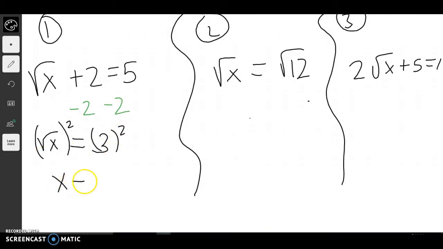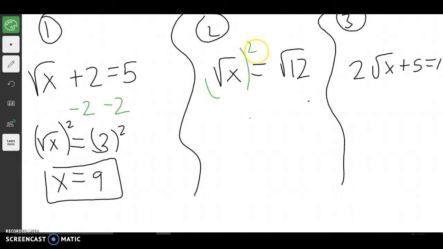I'm going to get x is equal to 9. In the second one, there's nothing to add or subtract. So again, we're going to square both sides. When I square this other side, however, both the squares are going to cancel this time. And so then I'll get that x is equal to 12.